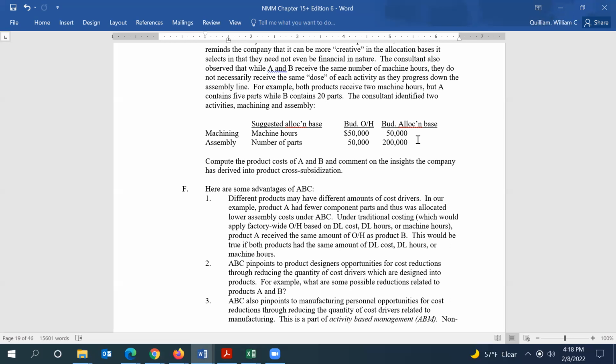That sounds familiar. But then there's another activity. It's assembly. And the allocation base, number of parts. That makes sense because in assembly, they put those parts together. So as they have more and more parts, they have more and more overhead in the assembly activity. Well, they've determined that the other half of overhead is there, $50,000, and 200,000 parts in total are being put together at this factory.